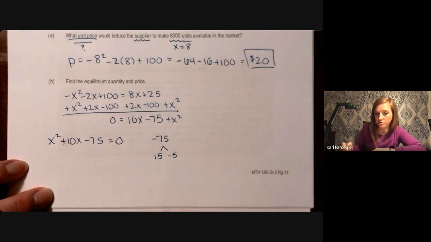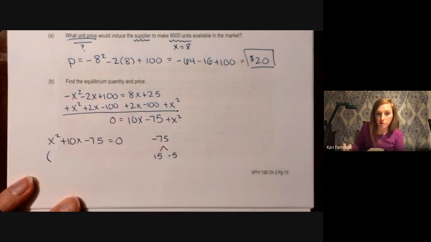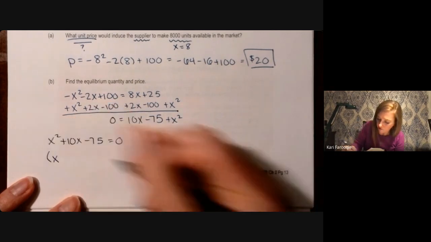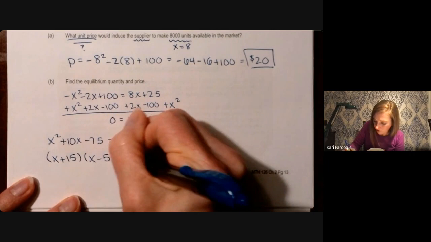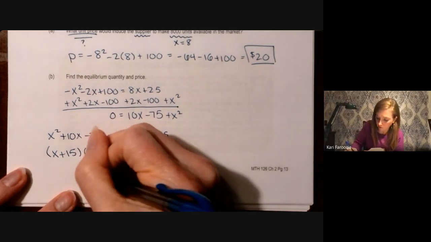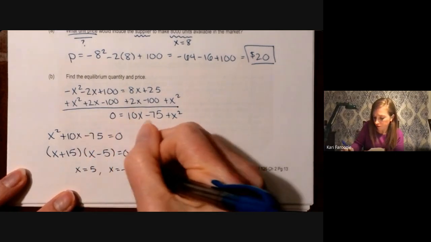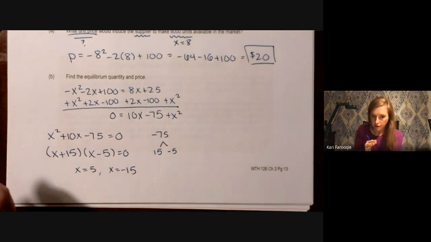I can multiply these two together and I'll get negative 75. If I add them together, I'll get positive 10. So let's go ahead now and factor this. So I can say that this is x plus 15 times x minus 5 equals 0. And then I'll just use that zero factor property to say that x equals 5 or x equals negative 15. Now, I don't want you to automatically just get rid of any negative value that you obtain.